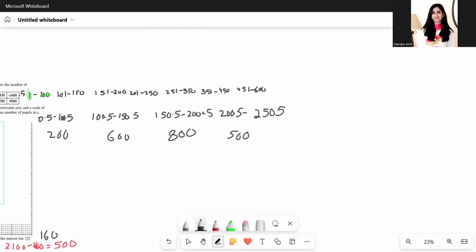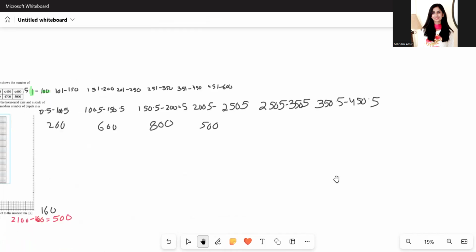Next is 250.5 to 350.5, then 350.5 till 450.5, and then 450.5 to 600.5.